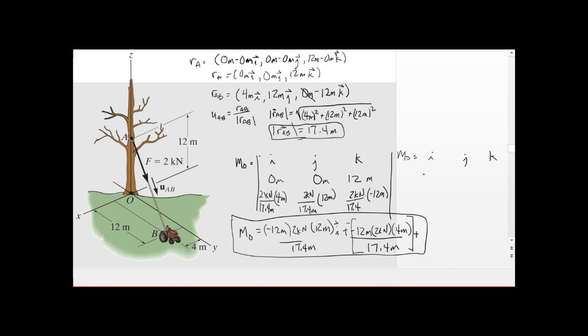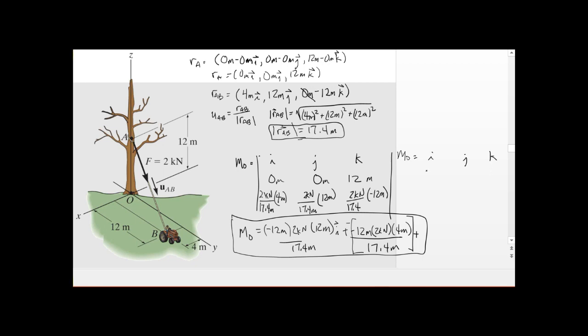So to say that if we have RA cross F or RB cross F, that would give us the same MO, or the same calculation for the resultant moment. You have to calculate it out to make sure that that's the same.